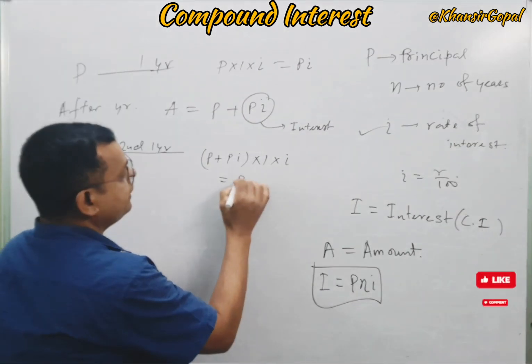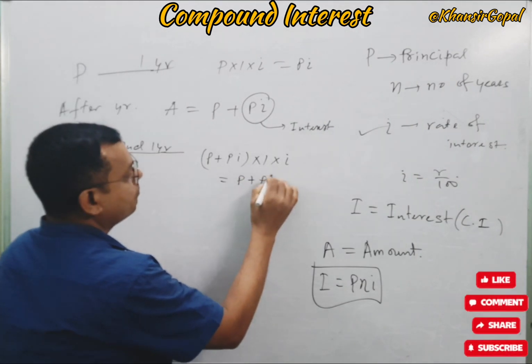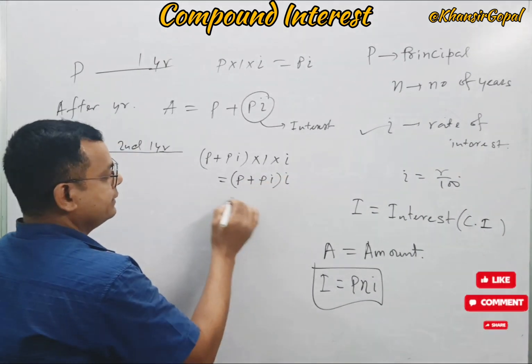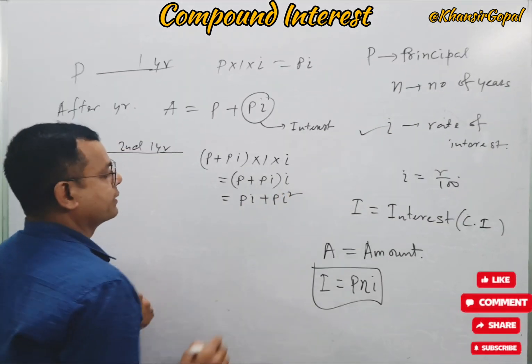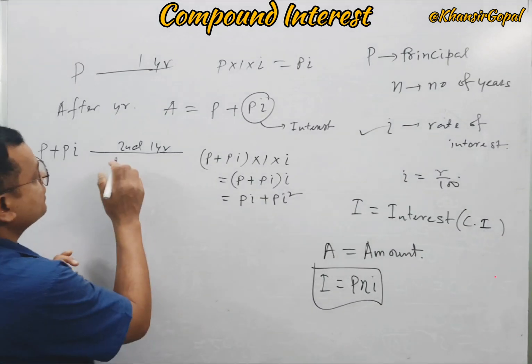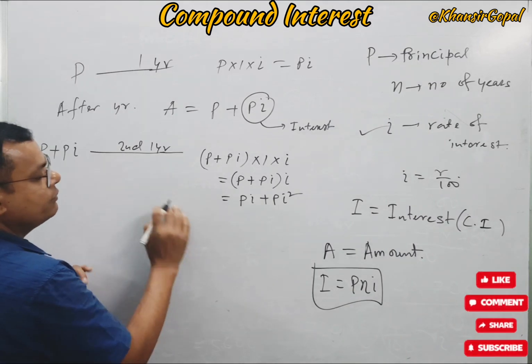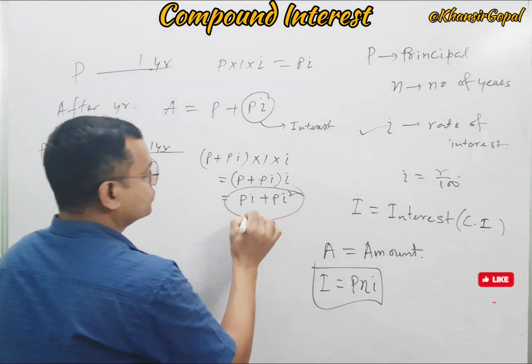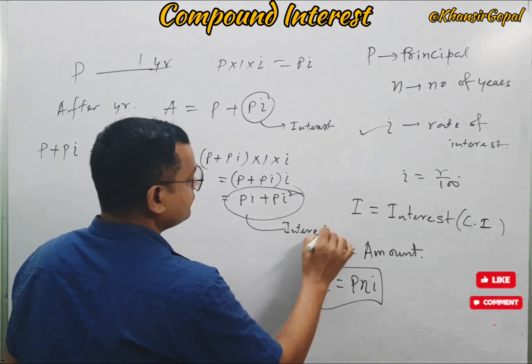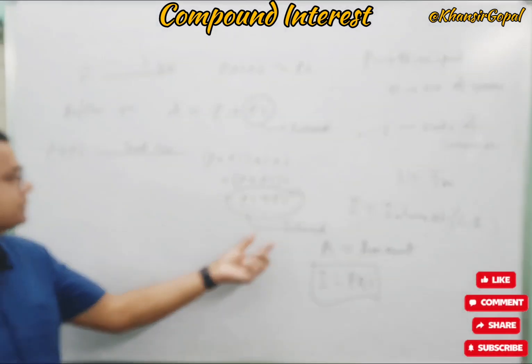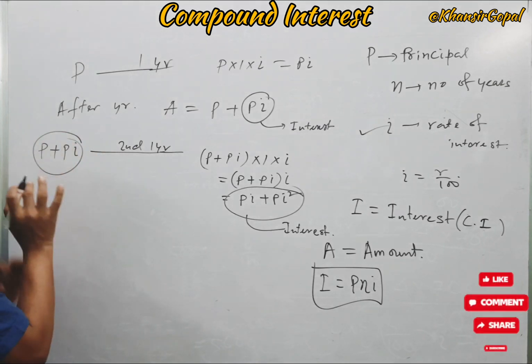You are getting P plus PI into I, that means PI plus PI square. This is also interest.